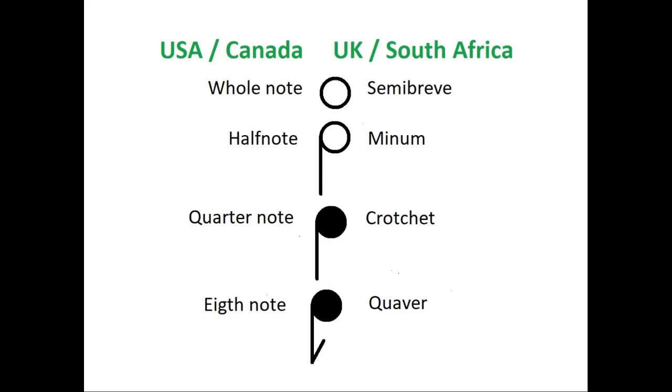Some people will use whole notes and half notes, and some people will use semi-breves and minims. So you need to absolutely know both of them. So just spend some time practicing this, so that if somebody says that's a quarter note, you know what it is. Or if they say it's 3 crotchets, okay, you know what a crotchet is, it's a quarter note. So in other words, it's 3 quarter notes.